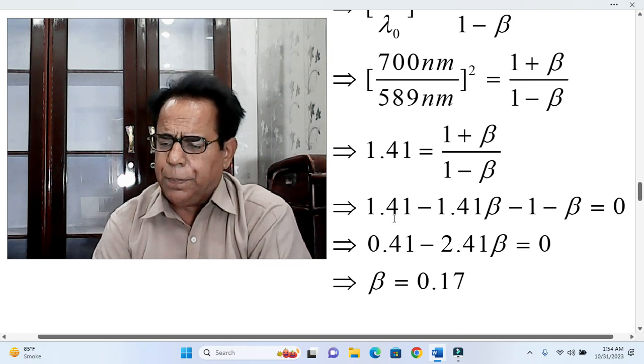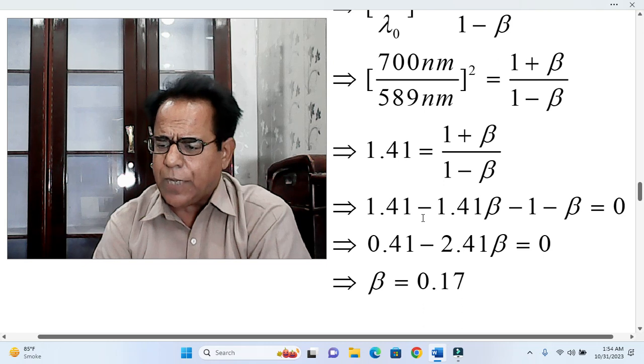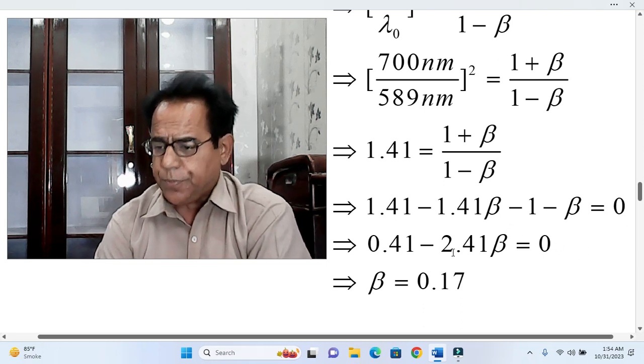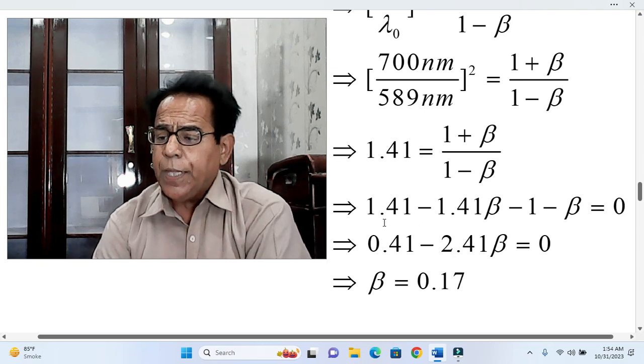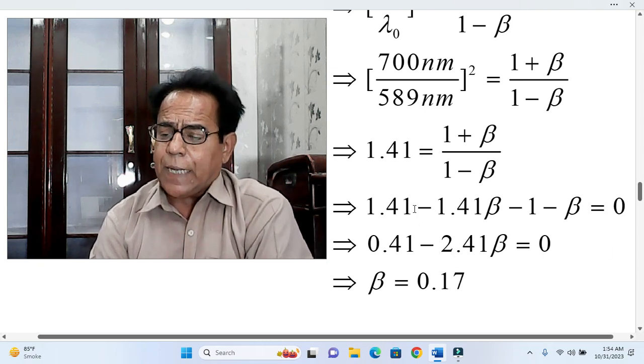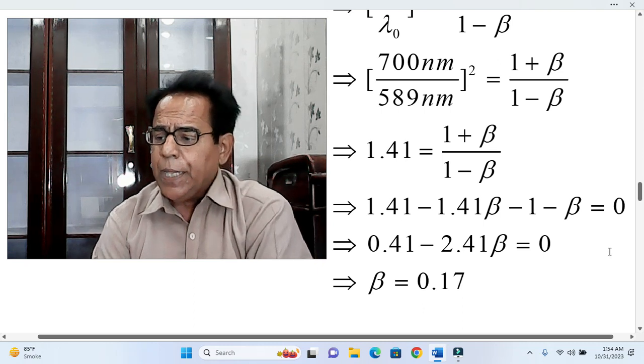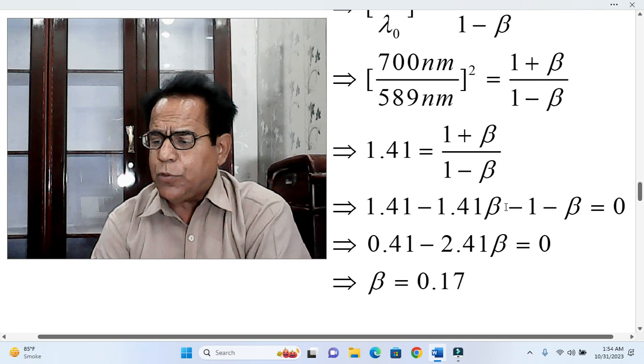So 1.41 minus 1.41 beta minus 1 minus beta equal to 0. Here, dear students, when 1 is subtracted from 1.41, it becomes 0.41, while both beta signs are negative, so these two will be added, and hence we will get minus 2.41 beta.